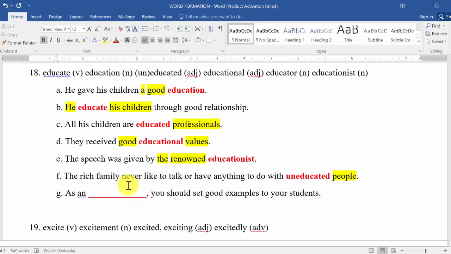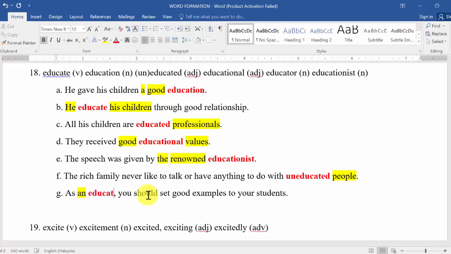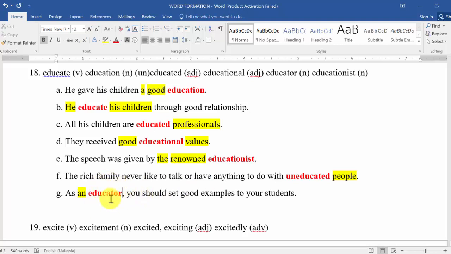Okay, G. As an something, you should set good examples to your students. Highlight the keywords here: an, and the determiner your. After an, if you do not have another word at the back, it should be a noun. So, as an educator. This person has students, which means this person should be someone who teaches something. So it should be educator, your noun.